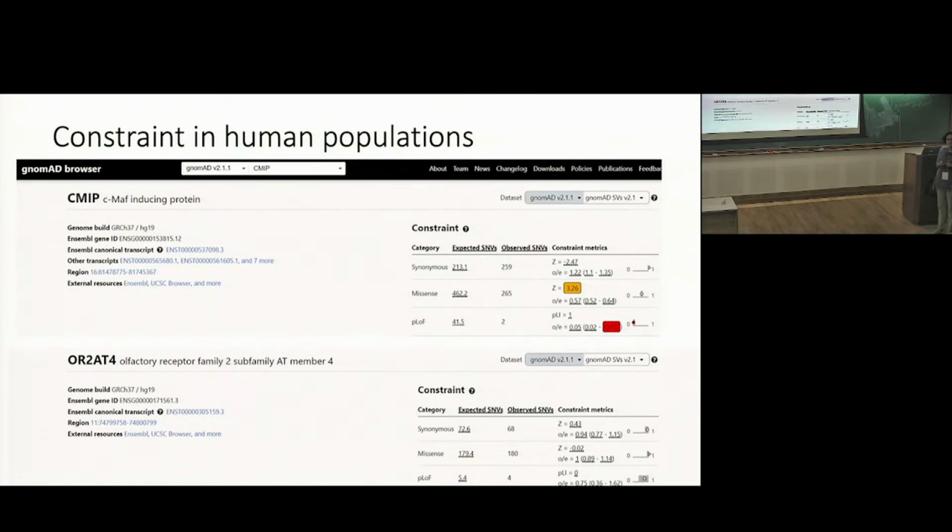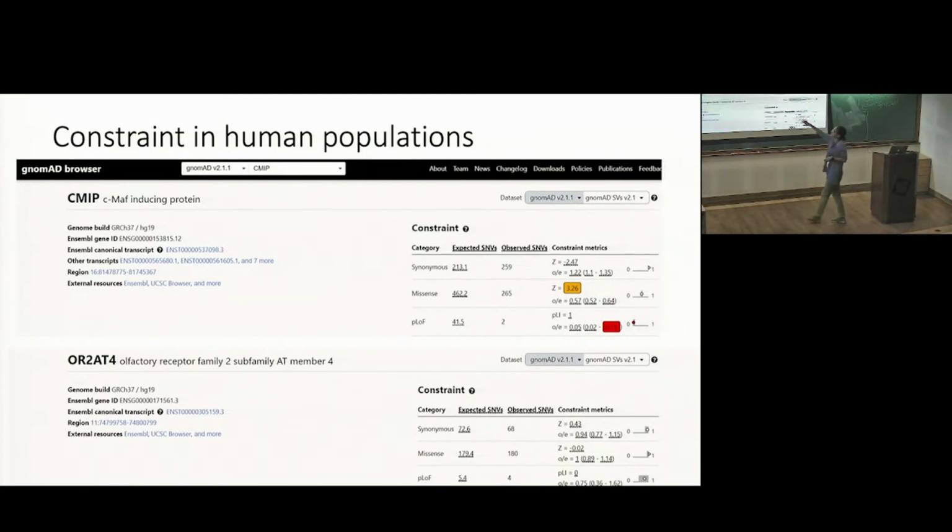Anyone else would like to take a guess before I make the big reveal? Okay. So this gene, the CMIP gene, is more likely to cause a disease if knocked out or if it doesn't work, right? First let's look at the number of synonymous variants.